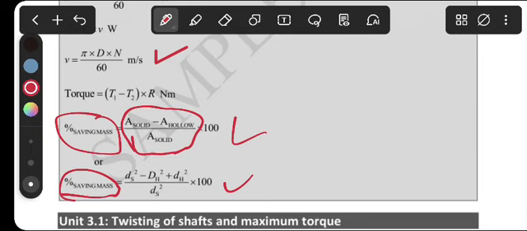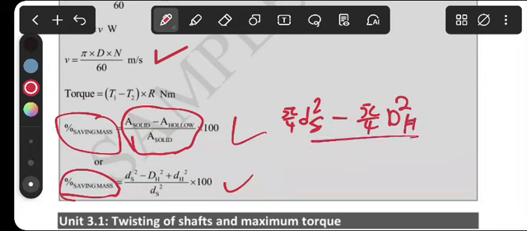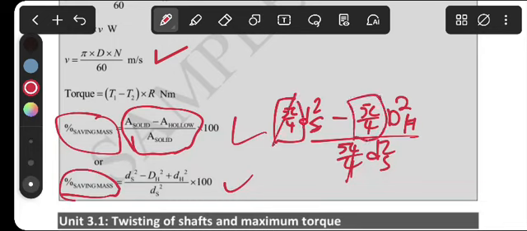this will be pi over 4 d squared for the solid, minus pi over 4 d squared of the hollow, over pi over 4 d squared of the solid. Take out pi over 4 as a common factor. The pi and pi will cancel.